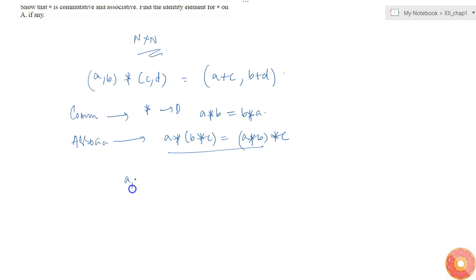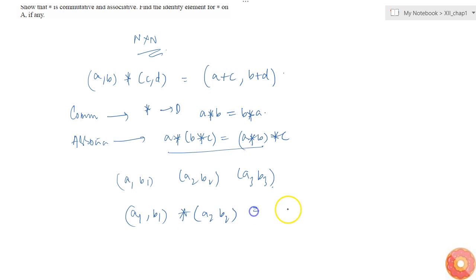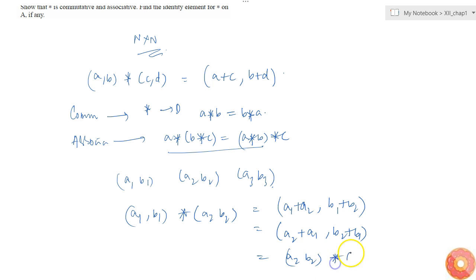Let us take (a1, b1), (a2, b2) and (a3, b3). First commutative: (a1, b1) star (a2, b2) will be equal to (a1 plus a2, b1 plus b2). This we can simply write as (a2 plus a1, b2 plus b1), which is equal to (a2, b2) star (a1, b1).